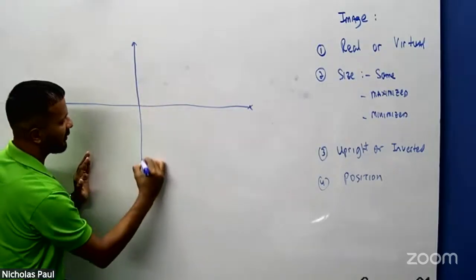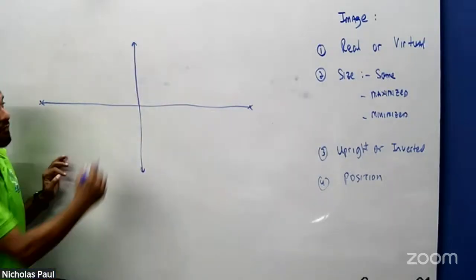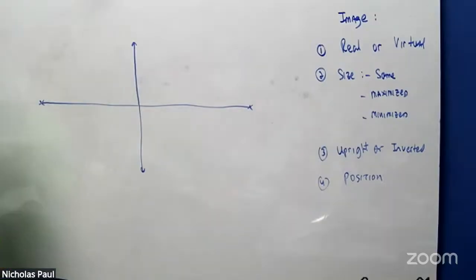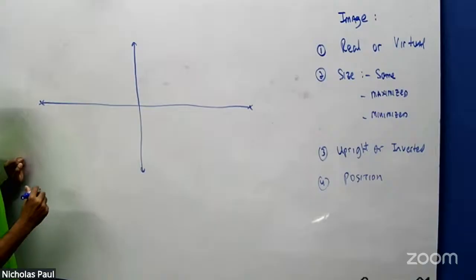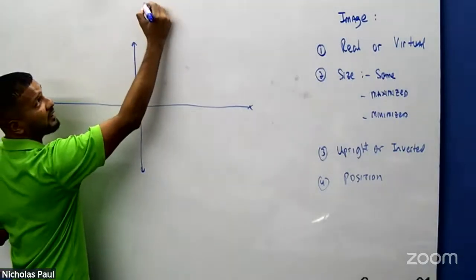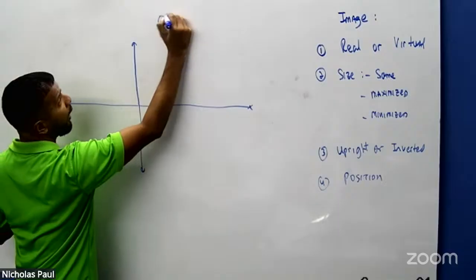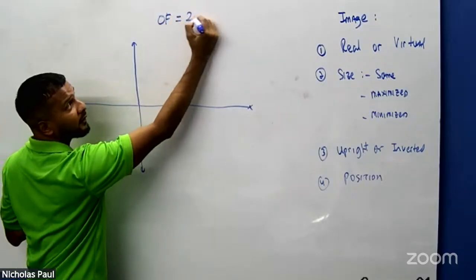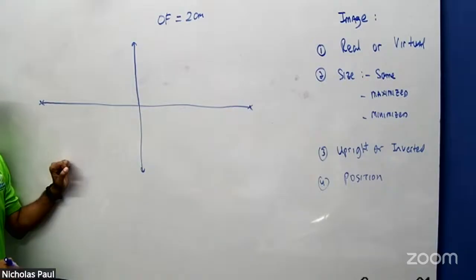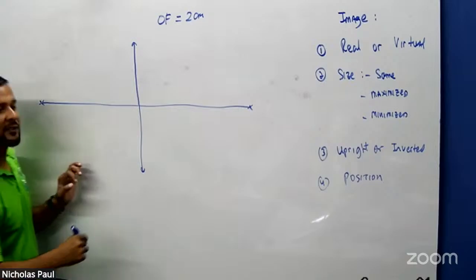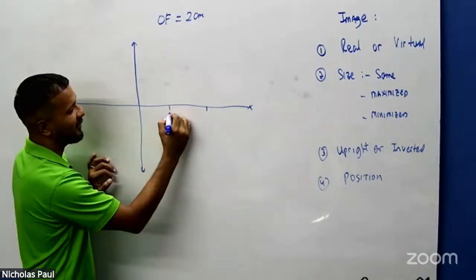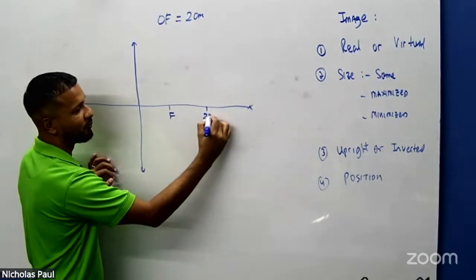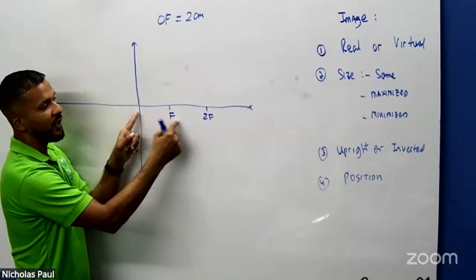This is your lens. I don't have to draw the curve, I just draw a straight line for the lens. Split it in half, 5 and 5 centimeters. So I want you to write O to F. Here's O. 2 centimeters, 2 centimeters.